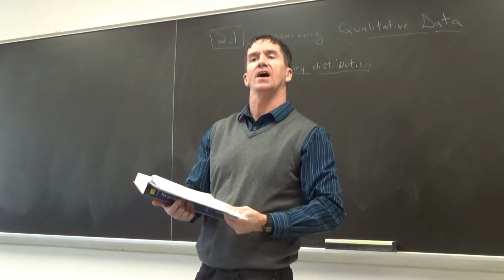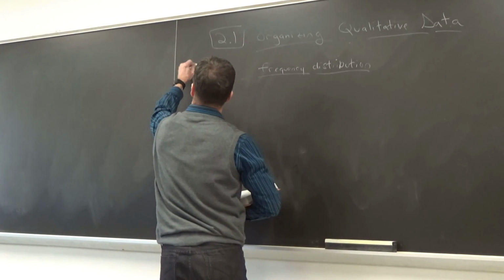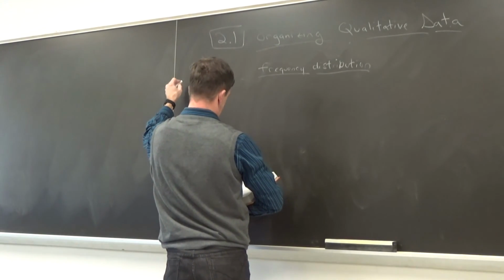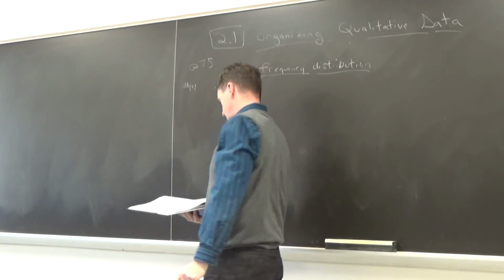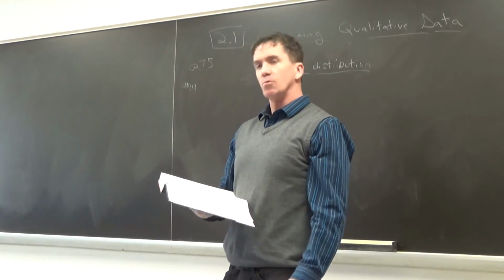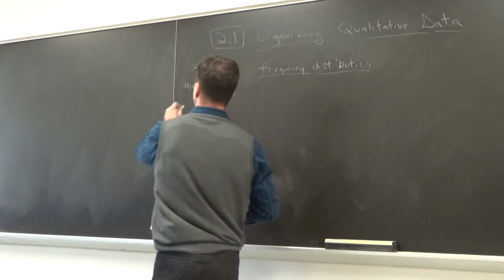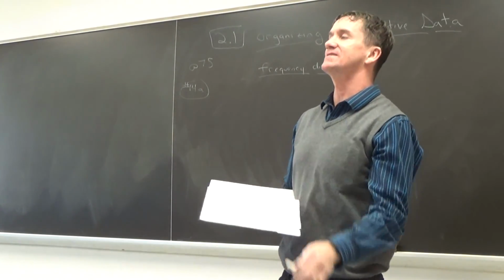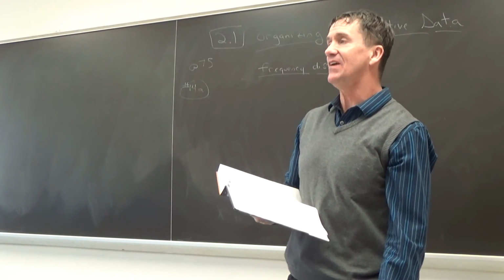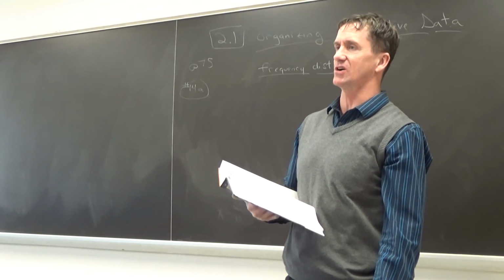This is on page 75. I'm going to take number 14. We're just going to do 14A. And I'll write this down. They already give a frequency distribution. We're going to construct something else.